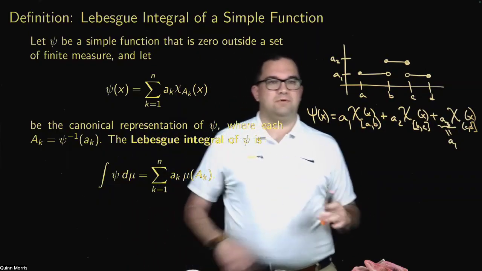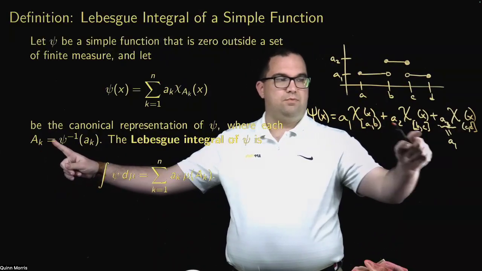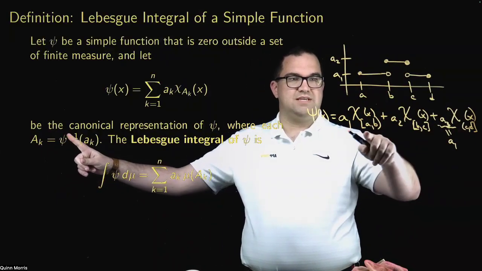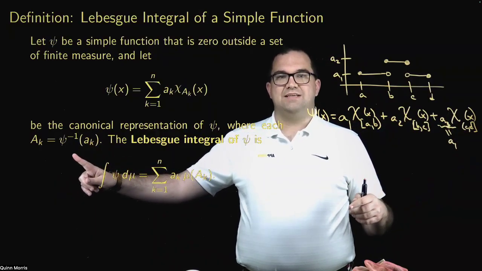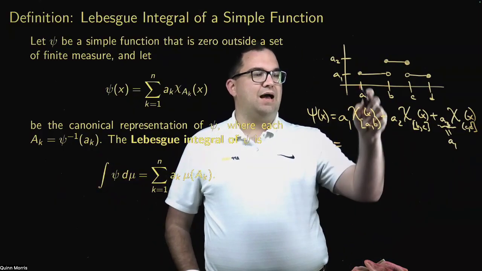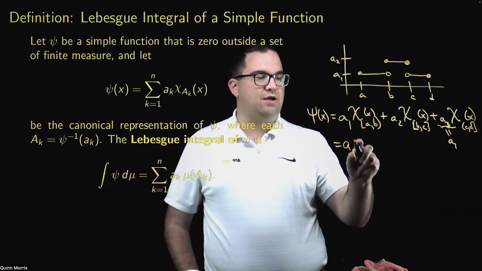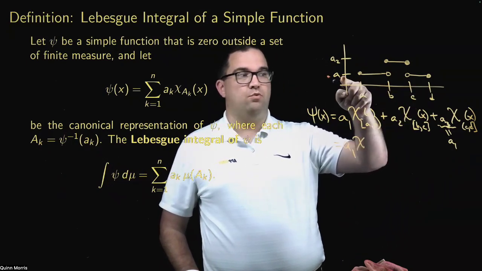The canonical representation, we're saying here, the sets that we're taking the characteristic functions of, the set AK has to be the preimage of A1. So this says I actually have to express this as A1 times everything that maps to A1.